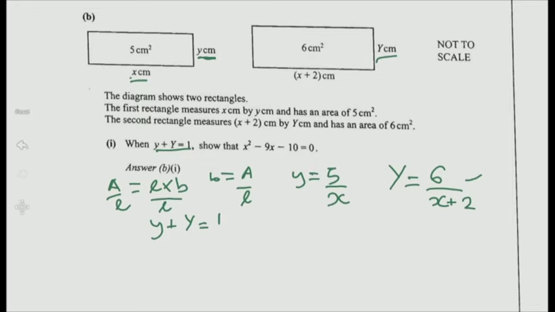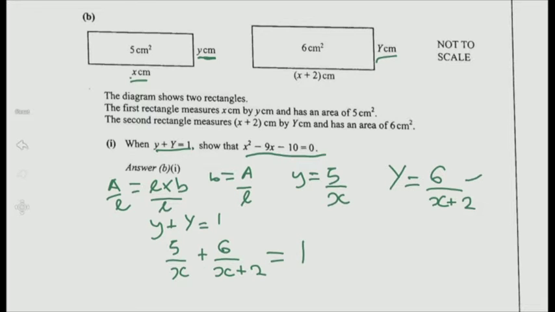So therefore, 5 over x plus 6 over x plus 2, that's equal to 1. Now, then we have to show that this equation reduces to x squared minus 9x minus 10 equal to 0.